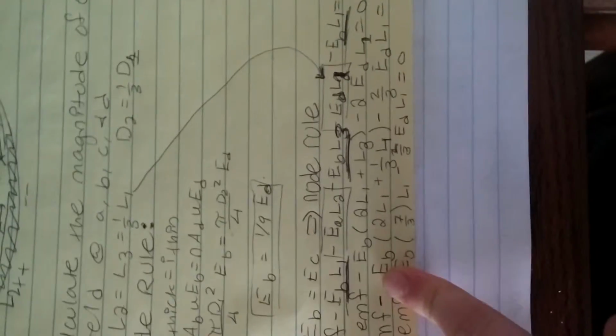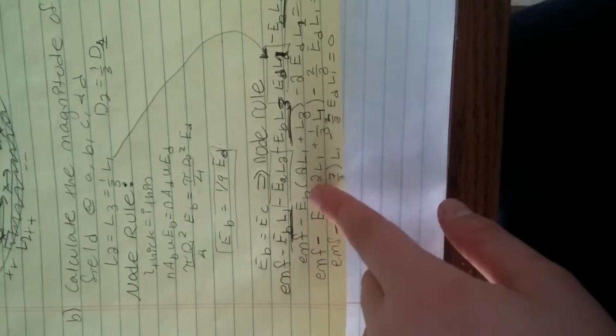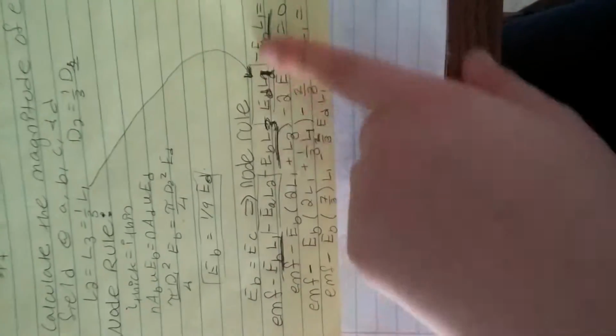So what I did, once I got the initial loop rule equation, was first condense it because I knew I had EB L1 here.